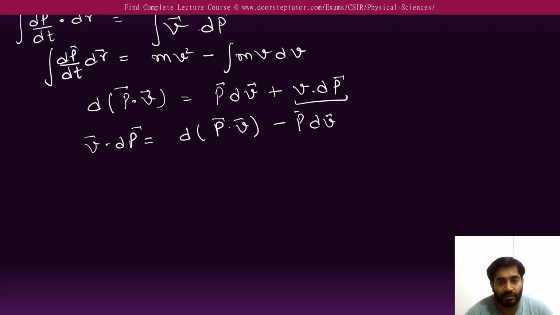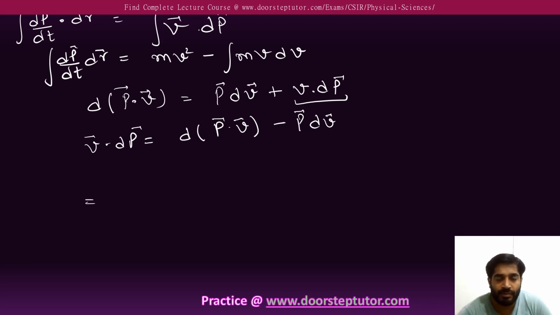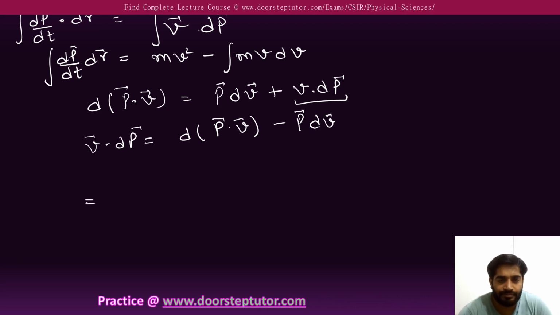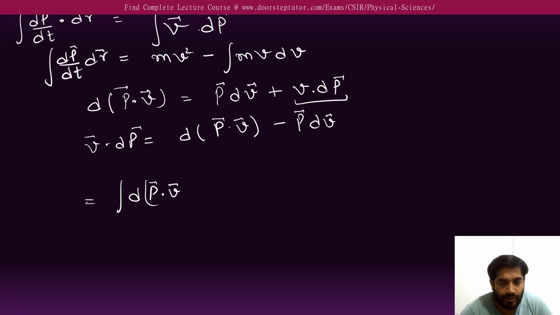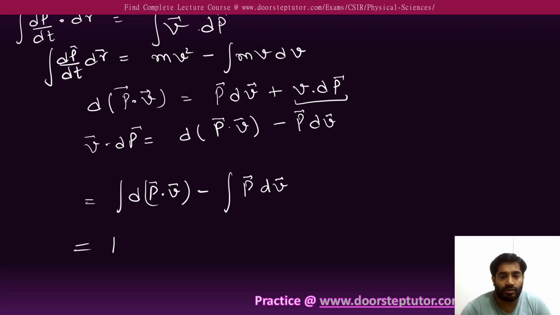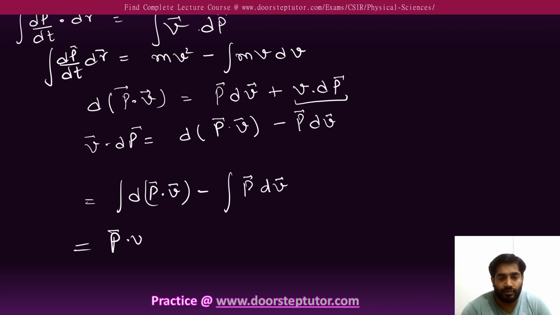Clear? Just put the values. We got the integral of d(pv) minus the integral of p dv. The very first term is easy to solve. This is simply pv.